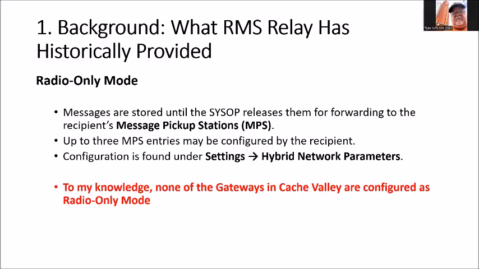I haven't used it yet, so I don't completely understand it. Up to 3 message pickup station entries can be configured by the recipient, and configuration is found under settings and hybrid network parameters if you're looking for that. And to my knowledge, none of the gateways in Cache Valley are configured as radio only mode.